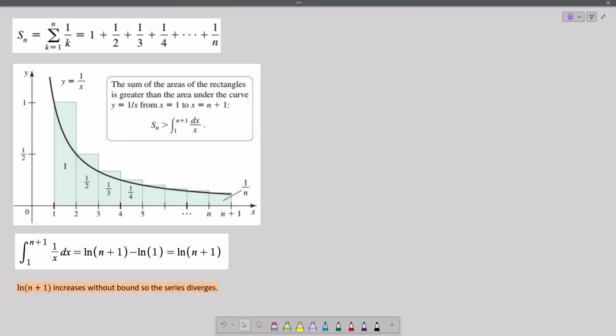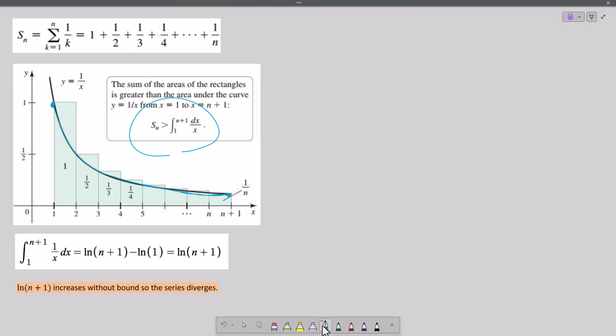Clearly from looking at the graph, if you add up the n rectangles, that is more than the area beneath this curve from there to there. That's what this is saying. Right? The sum of the rectangles, which represent S sub n, that's more than what's underneath the black curve. You agree? Those rectangles are overestimating the area beneath the curve.